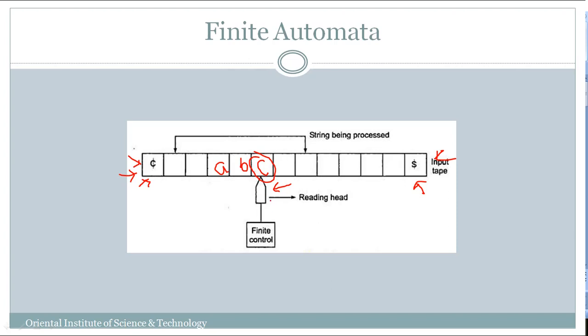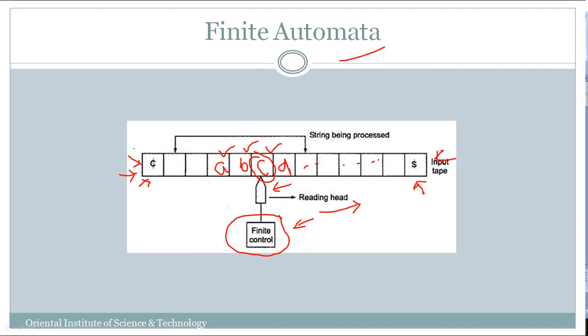On the basis of the reading symbol, our finite control, which is the actual machine with the decision power, will decide what to do. In finite automata, the reading head moves in the right direction. First it will read a, then b, then c, then let d, and so on.